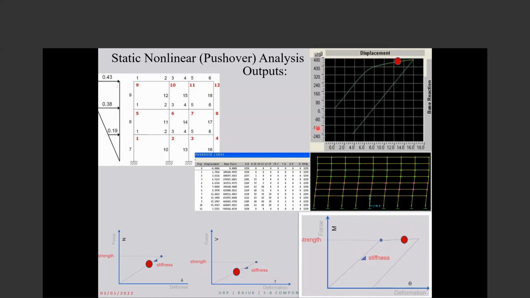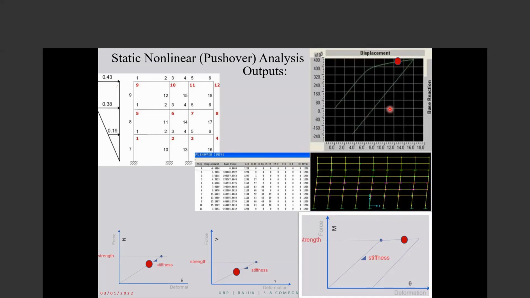Software is ready. Building is modeled. We say push it with this load distribution, for example, with the triangular load distribution, with uniform load distribution, with whatever our code asks, and push it till the top displacement reaches this target displacement.